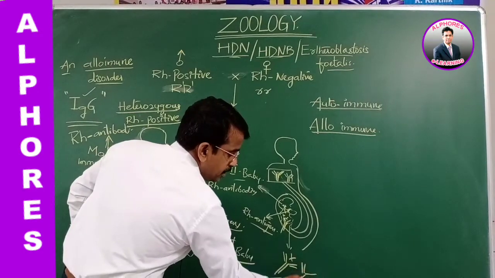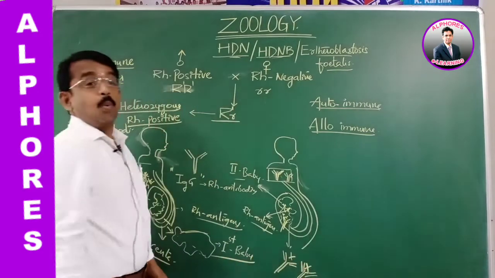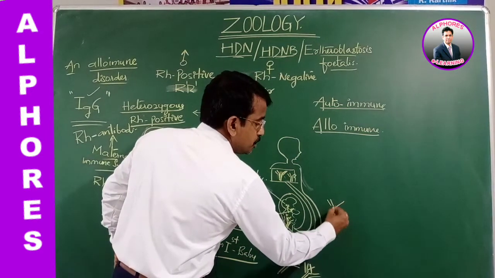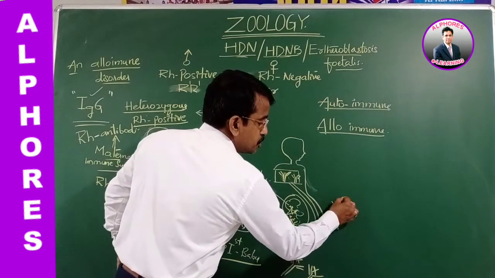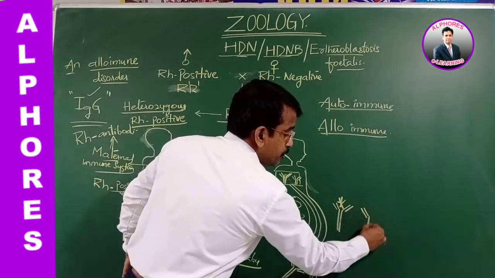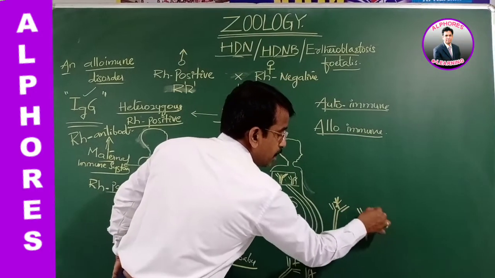Look here. Rh antigen and Rh antibody will clump. This is an Rh antigen. This is an Rh antibody. Rh antigen and Rh antibody clump.